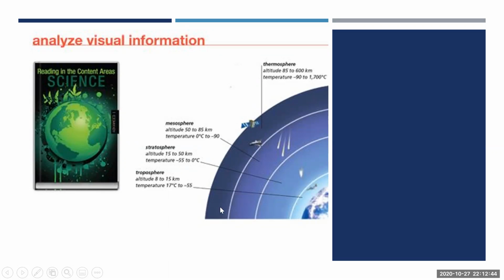So we have, starting out down here, 17 degrees Celsius. Going up, you have negative 55 to 0 degrees. 0 degrees Celsius is cold. 0 degrees Celsius is, I believe, 32 degrees Fahrenheit.